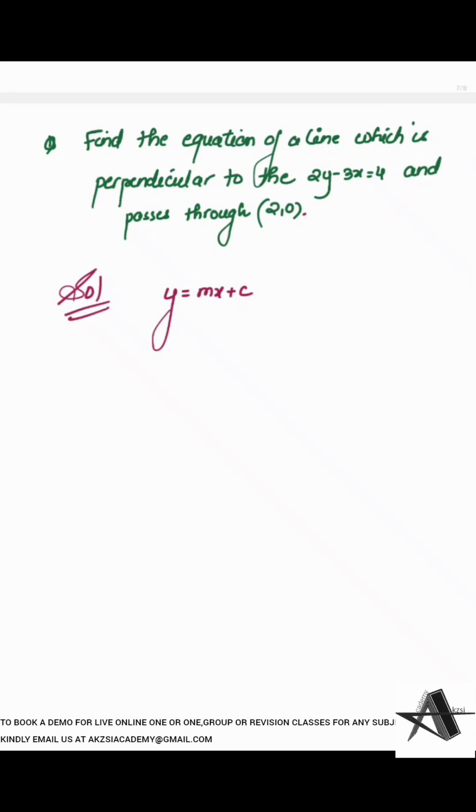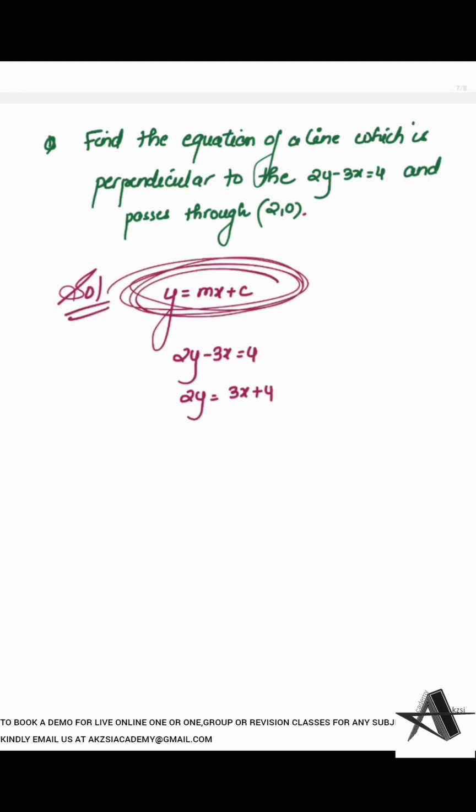First I should know the gradient of this straight line: 2y equals 3x plus 4, and dividing both sides, because we have to convert into y equals mx plus c format, finally y equals 3 over 2 x plus 2.